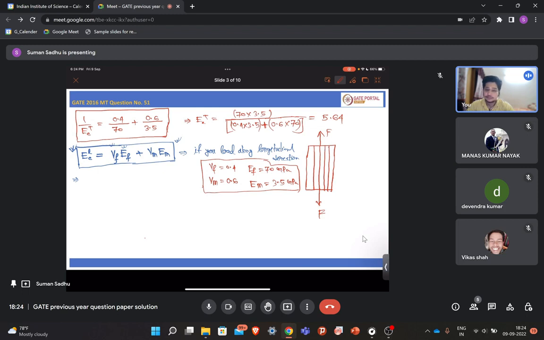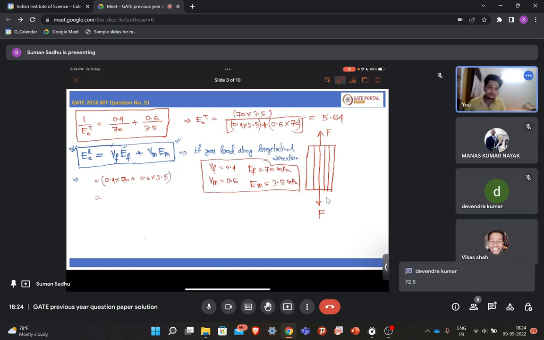Are you guys calculating? Hello? 30.1. Others are also getting the same answer. Devendra and Manas, are you also getting the same answer or not? 72.5.